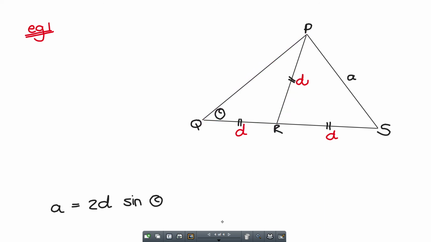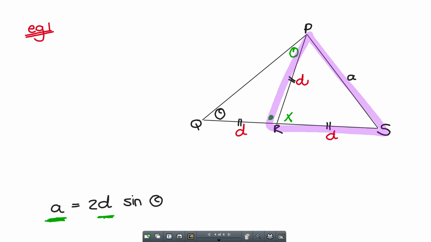En omdat hy gelykbenig is, beteken dit dat daai hoekie gaan ook mos theta wees. Alright? So, I can actually go get that angle. Okay, nou kom ons kyk net gewoon toe is ons op pad om te werk. They want me to get A. Where is A and D? They are both in this triangle.